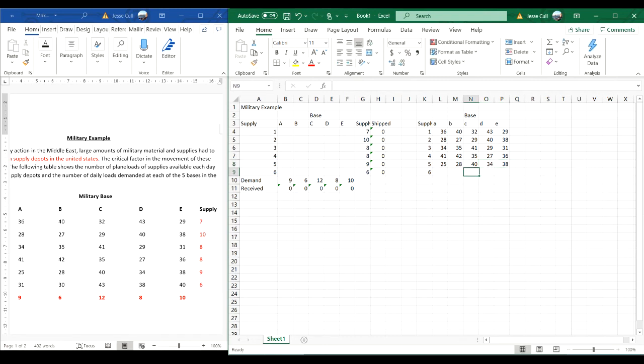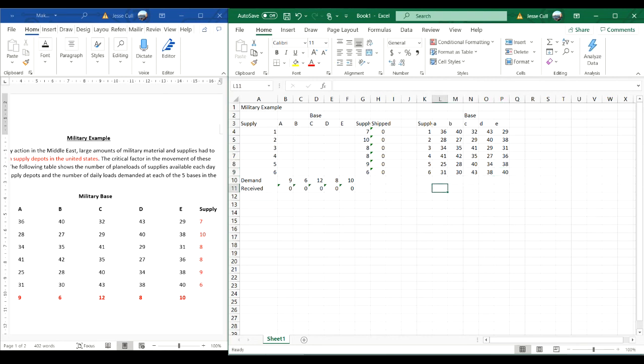And this is annoying, but it is important because if you make a mistake, your answers will be off. 31, 30, 43, 38, and 40.